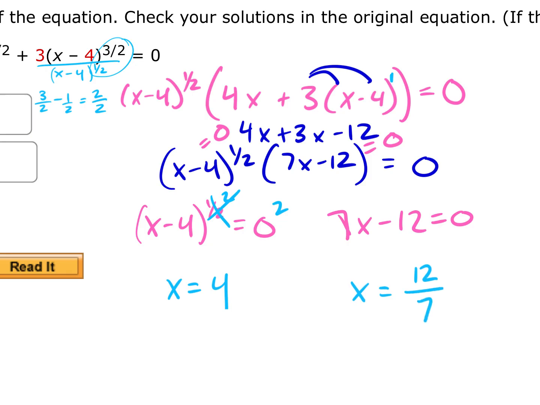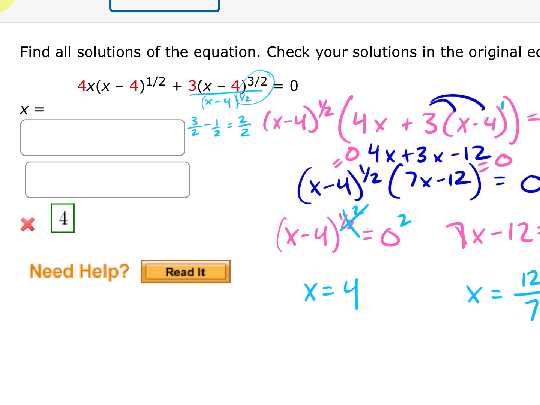Now we have to be careful here, because I started with x minus 4 to the 1/2 power. 1/2 power is the same thing as saying the square root of x minus 4. So x has to be greater than or equal to 4 in order to be in our domain.